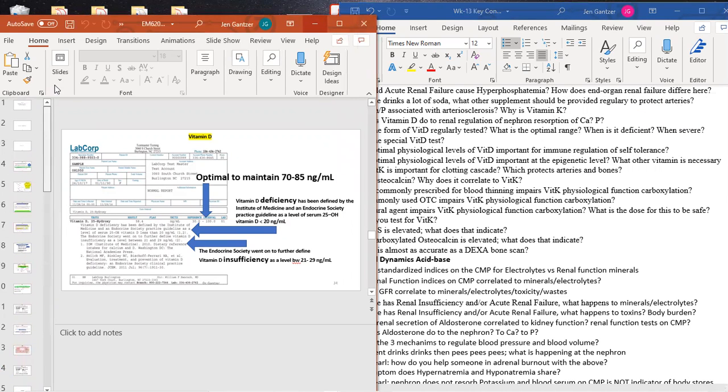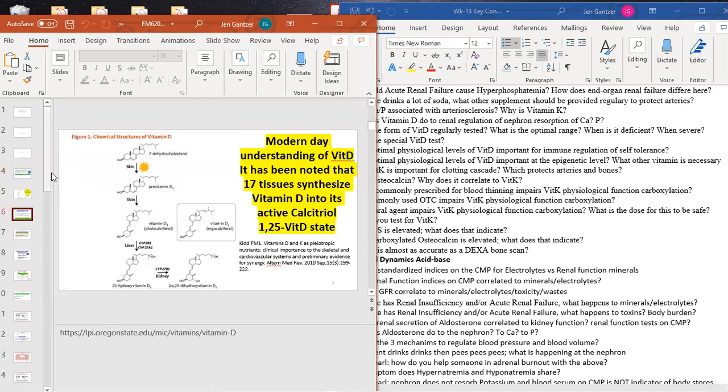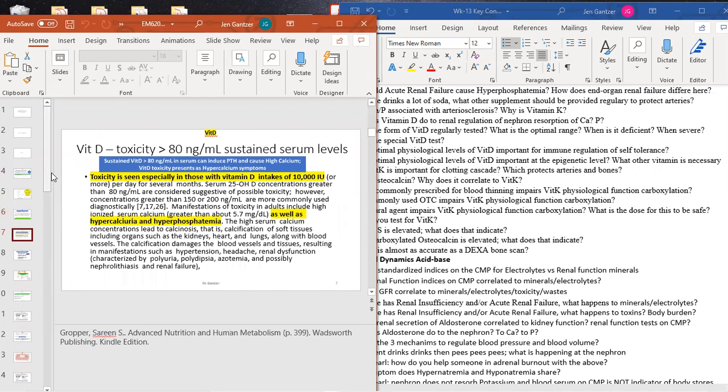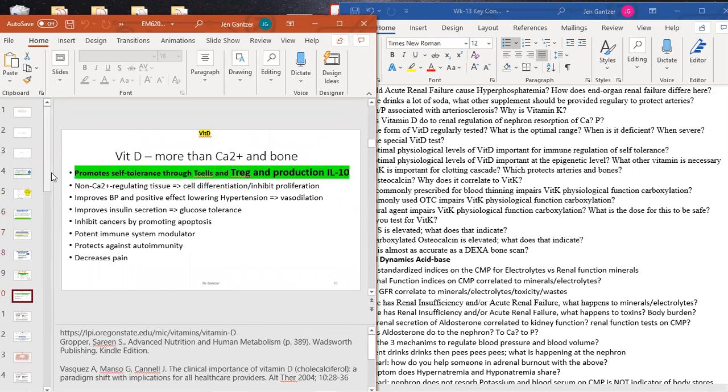Why is optimal physiological vitamin D important for immune regulation of self-tolerance? Vitamin D is associated with the immune stimulation of the anti-inflammatory and anti-autoimmune interleukin 10.